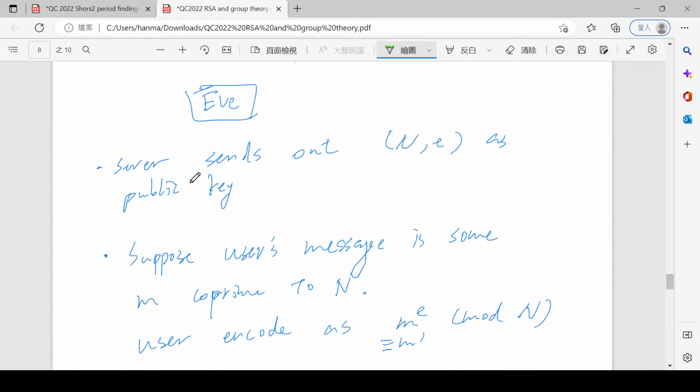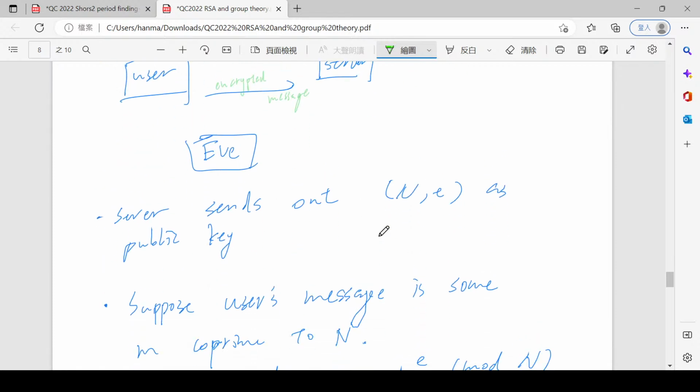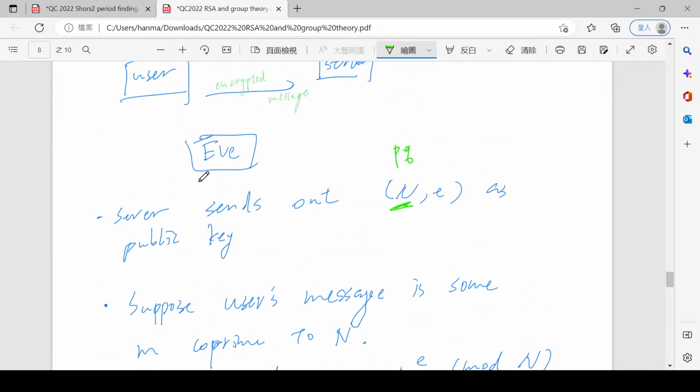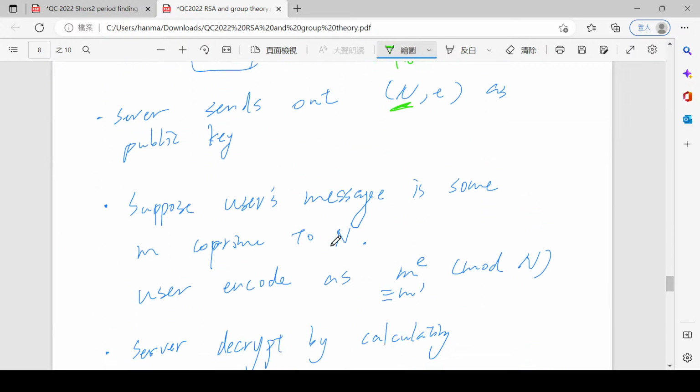As we said, the server will send the big number n, n equal to PQ, outside, and also the encryption key E, which is just a random number corresponding to phi n, as a public key. Now what does the user want to do? The user wants to encrypt some message M. Let's assume M is a number in the multiplication group of n.